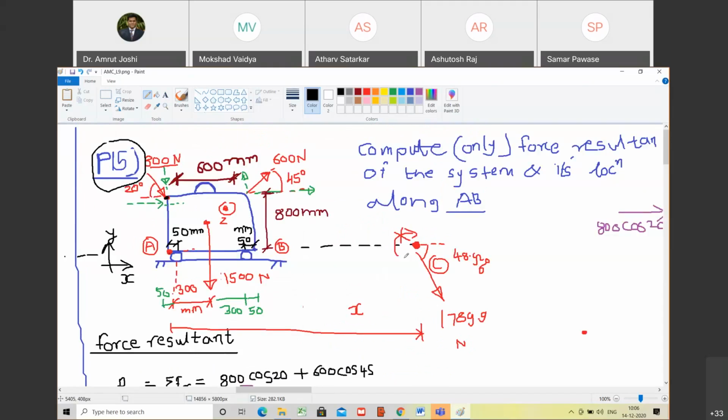So this is just a fictitious calculation: if I want to apply the resultant where only the force resultant comes, I will have to apply it at C. But in practice we cannot do it because the resultant location lies outside the body. But it may so happen that for a particular force system it may lie within the body. Are you with me? Yes, sir.